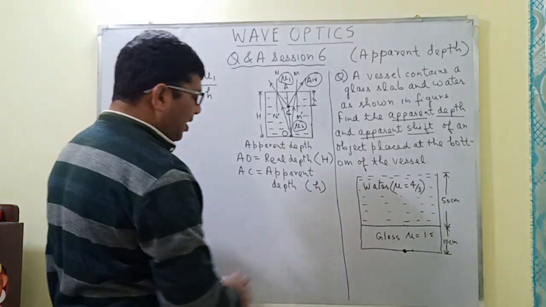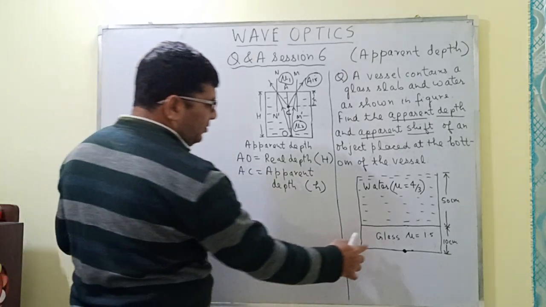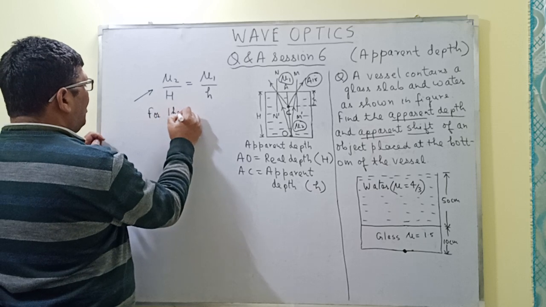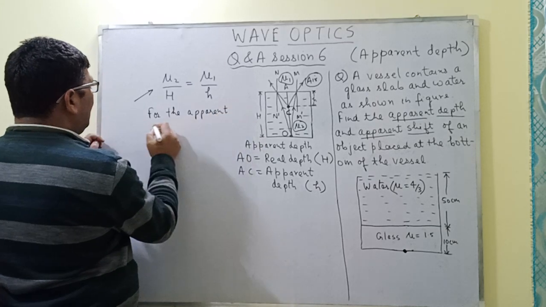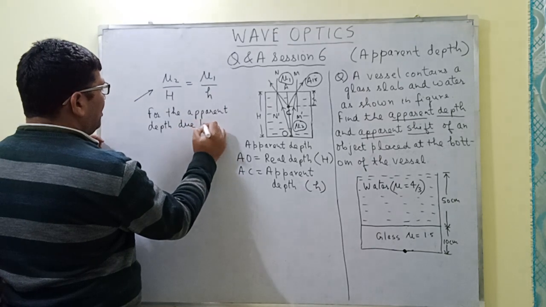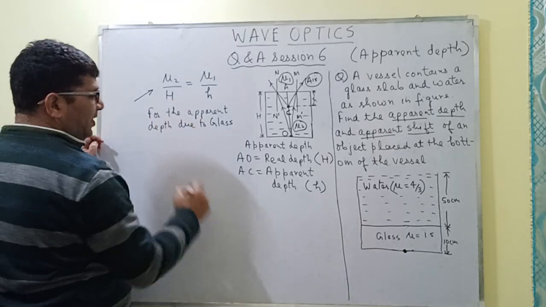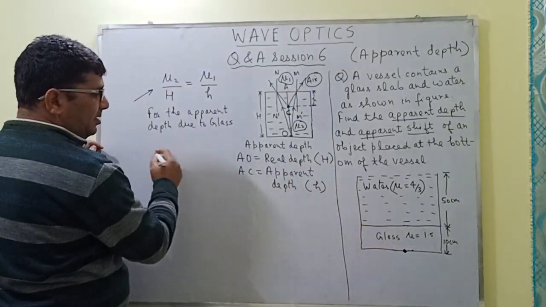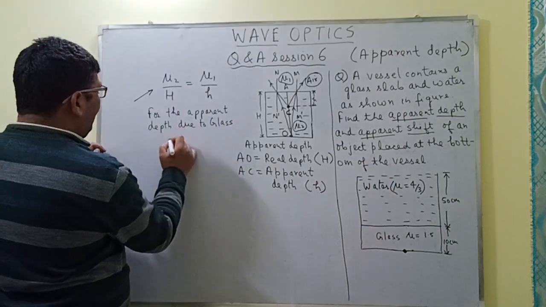So now if I use this formula, then for the apparent depth due to the glass medium, we can use this equation, and we will arrive at here mu2 is equal to 1.5.